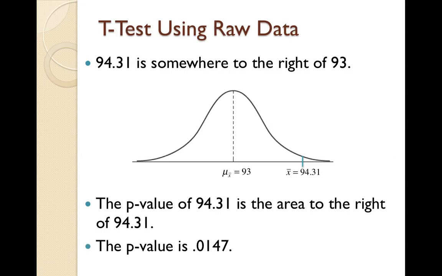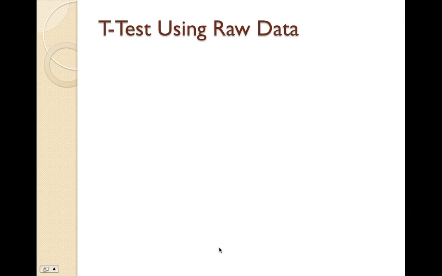So we found our p-value to be 0.0147, which according to our standards is small because it's smaller than 5%, but the conclusion is going to be to fail to reject the null hypothesis because this p-value is not smaller than 1%. This particular problem gave us an alpha of 1%, and when we compare that 1% to p, we see that p is bigger than 1%.